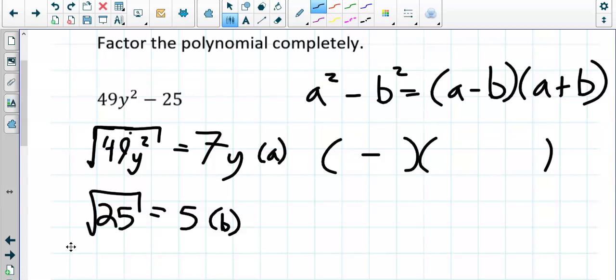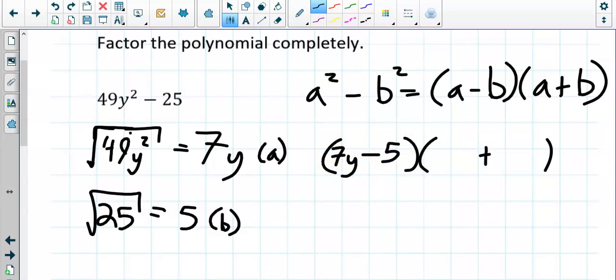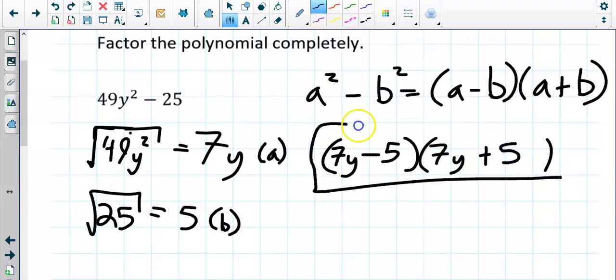So what would that first parenthesis look like with the minus then? 7 what? 7y minus 5. Yeah, there we go. Then all you're going to do, what would the second parenthesis look like? 7y plus 5. There you go, done. That'd be it. It's called the square root method of factoring.